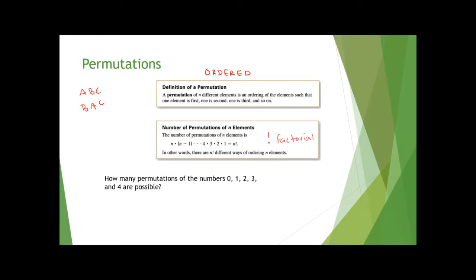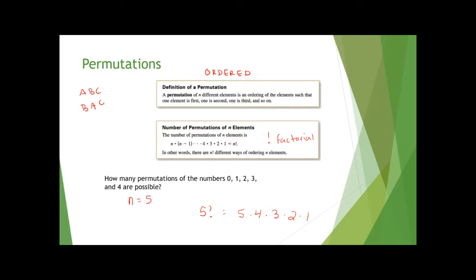For an example, how many permutations of the numbers 0, 1, 2, 3, and 4 are possible? So how many ordered possibilities are there? We've got 5 choices here, so n is equal to 5. That means we have 5 factorial choices, which is 5 times 4 times 3 times 2 times 1.